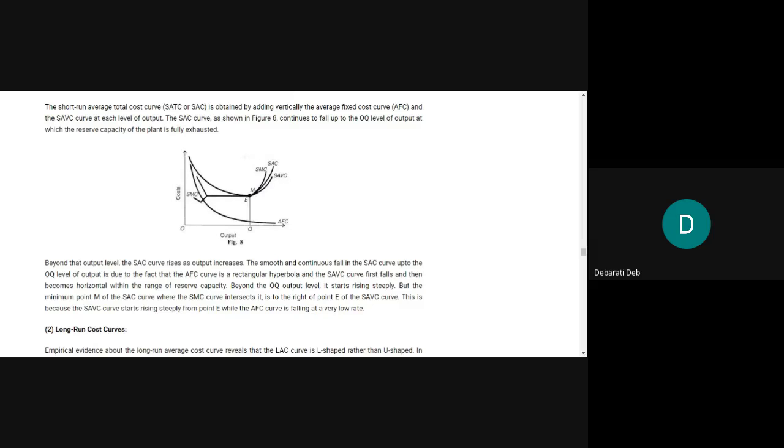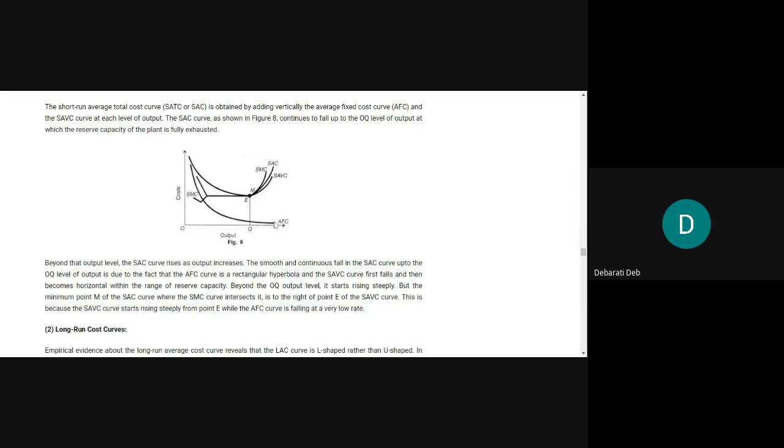Since this average fixed cost doesn't fall sharply, but falls at a very low level after this point Q. Till the point Q, or before that point Q also, the fall was sharp in AFC. But after this point, the falling is not at a very good rate.